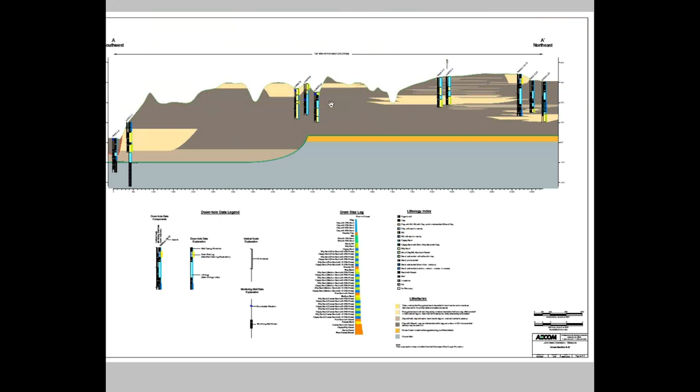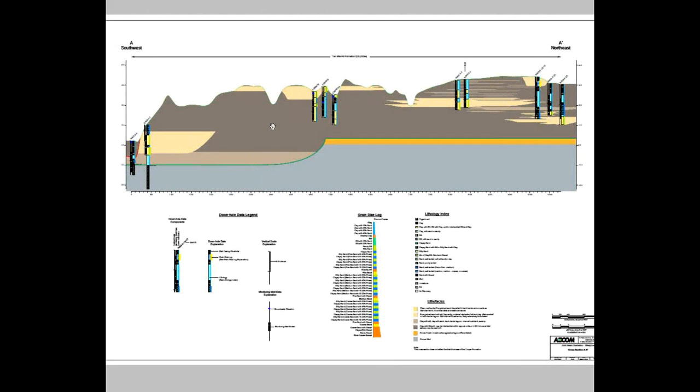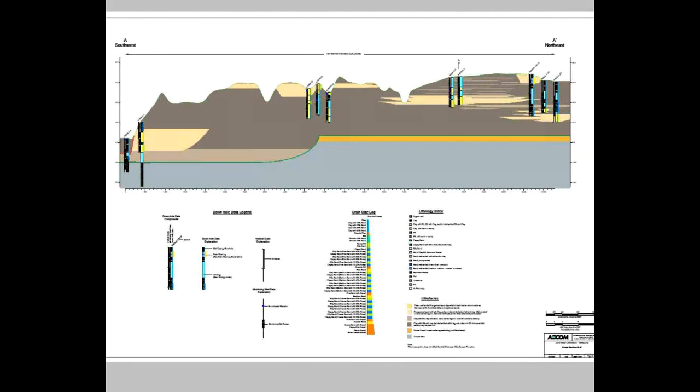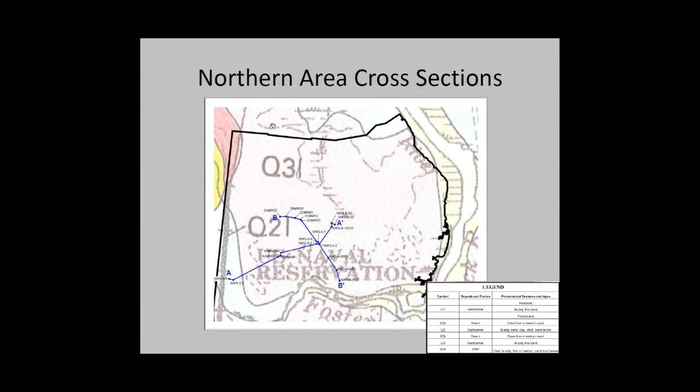And as you move here, this is cross-section A. And if we go back, A is kind of running northeast, southwest.